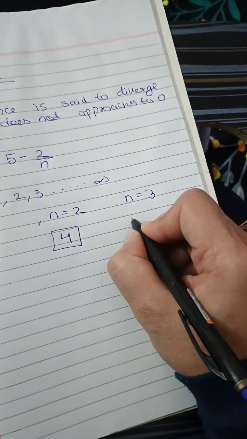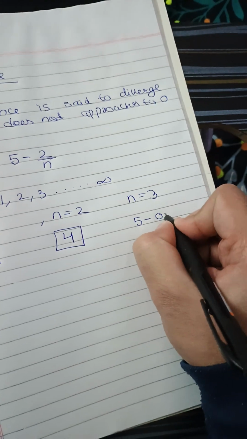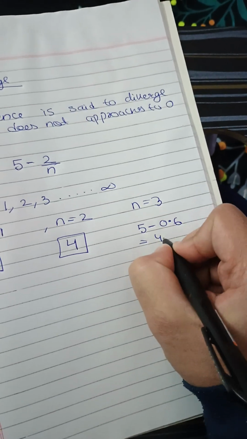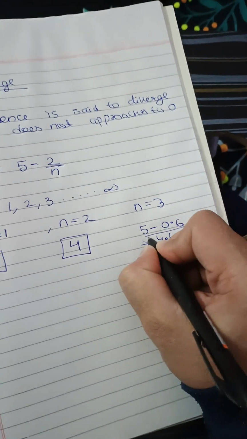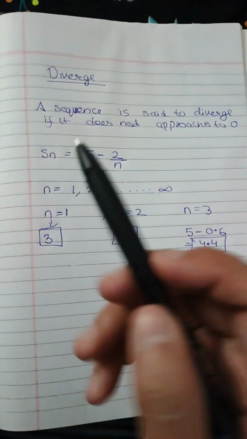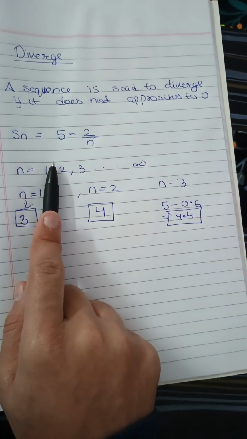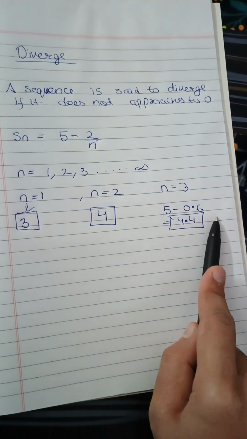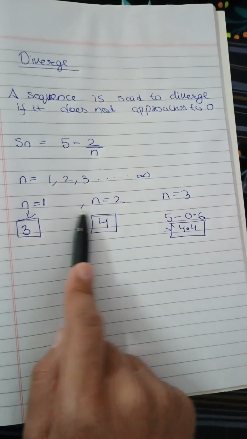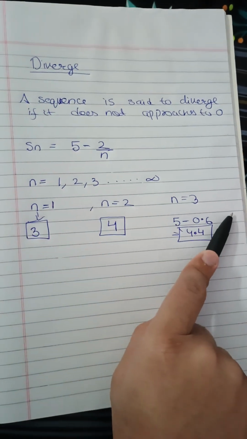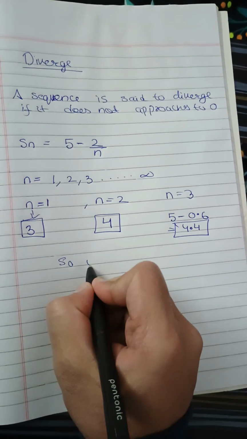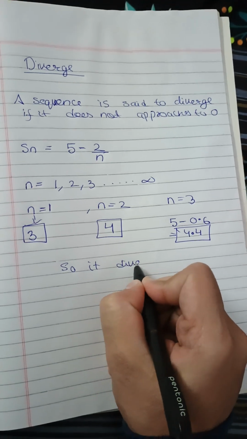So here 5 minus 0.6 equals 4.4. Here we can say that the sequence diverges as the value of the equation does not approach 0 if we substitute the value of n. So it diverges.